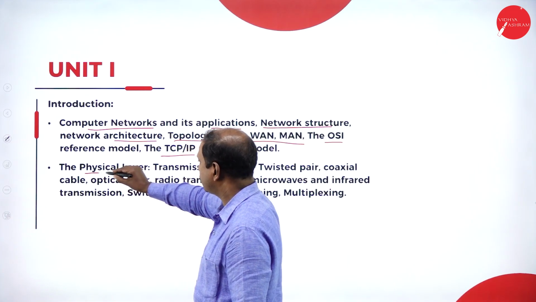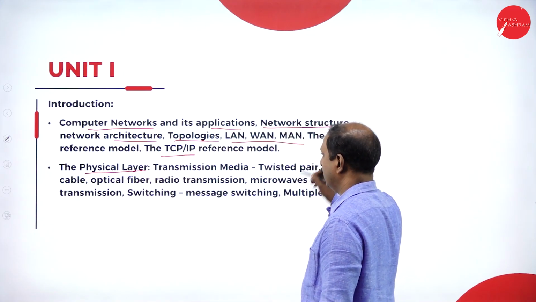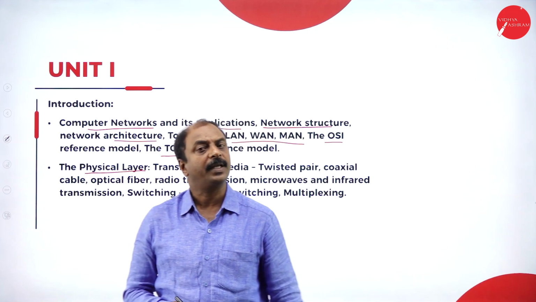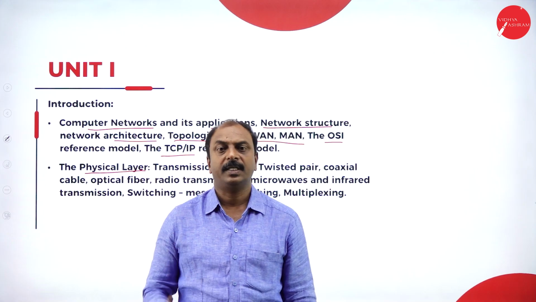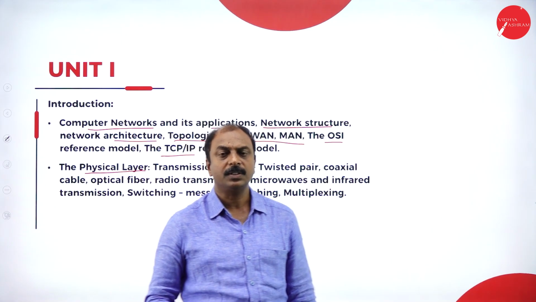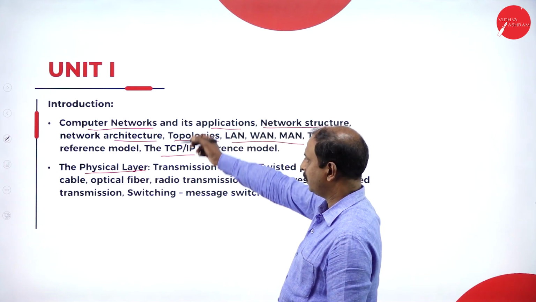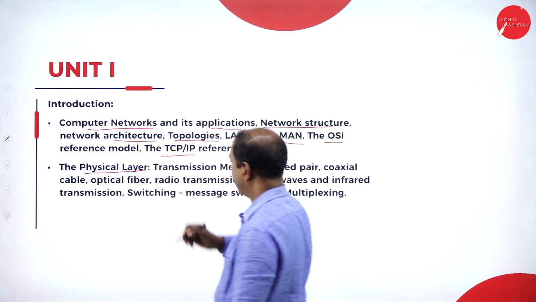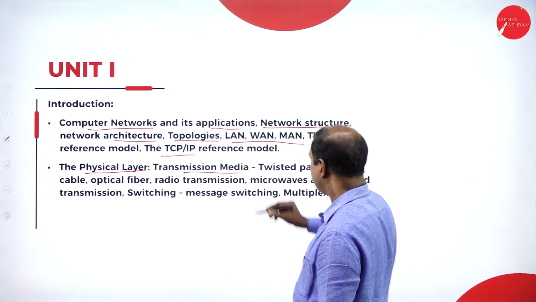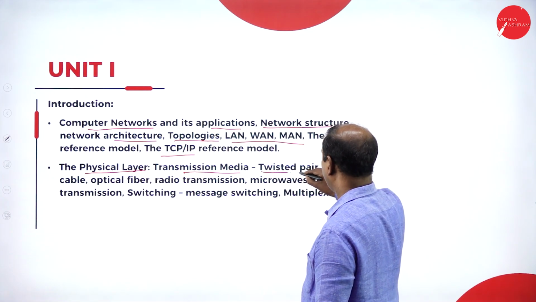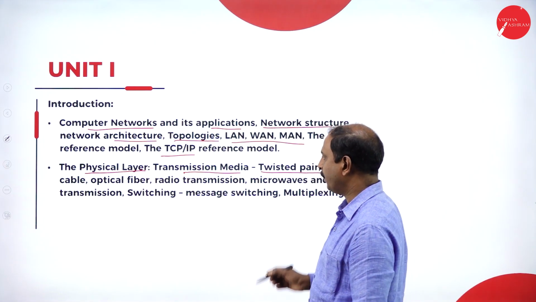Next, we are going to discuss one of the layers, that is the physical layer of the OSI reference model. The OSI reference model is a 7-layer model. In the entire syllabus, we are going to learn in detail the functions and protocols of the different layers of the OSI reference model. So in unit 1, we are going to learn about the physical layer. Under physical layer, we are going to talk about different transmission media, like wired media, different types of cables we normally use in our day-to-day networking applications.